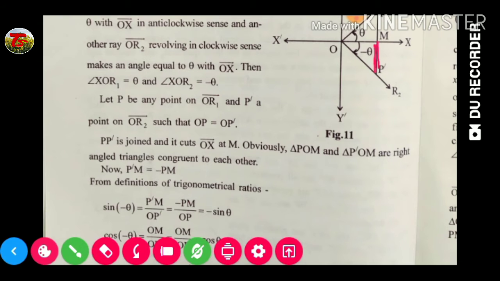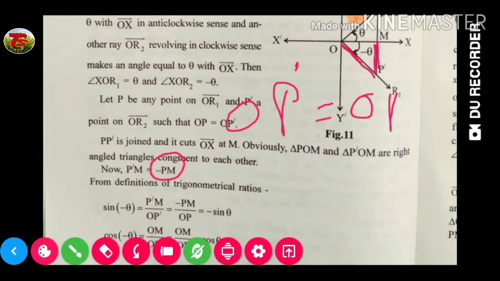P dash M we already got as minus PM. And OP dash is equal to OP according to our construction. So it will be OP only, and P dash M is equal to minus PM, so it is plus minus minus, it will be minus sine theta. So sine minus theta is equal to minus sine theta.